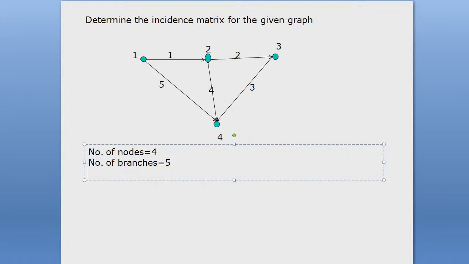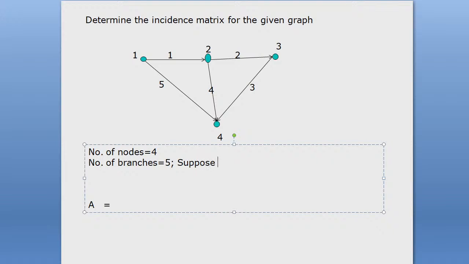So suppose the incident matrix is A. A is the incident matrix of order 4 by 5.